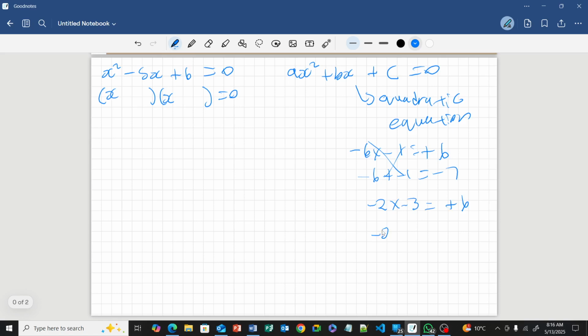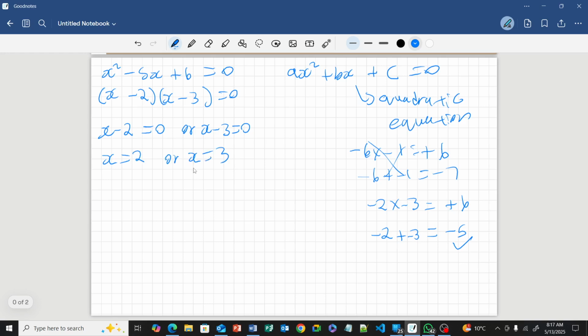And if I have minus 2 plus minus 3, I will get minus 5. So this works for me. So I'm going to have x minus 2 and x minus 3. Then x minus 2 equals 0, or x minus 3 equals 0. Then x equals 2, or x equals 3.